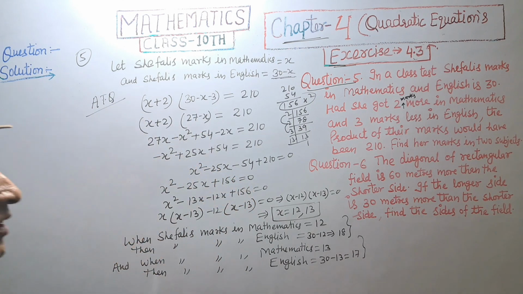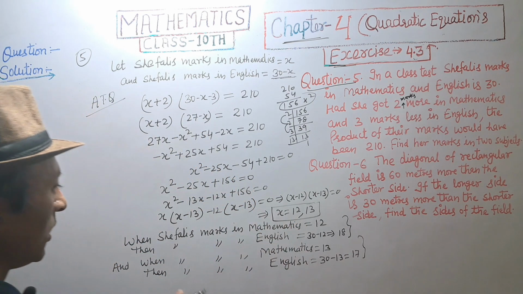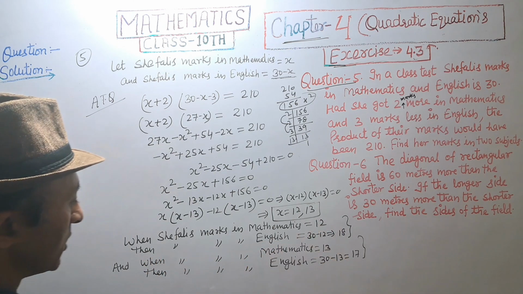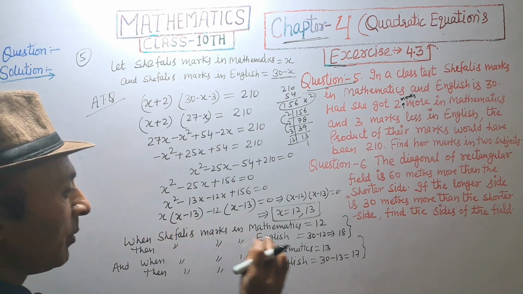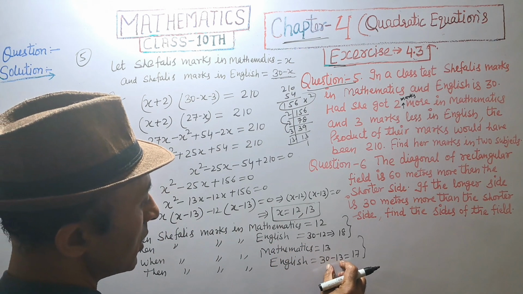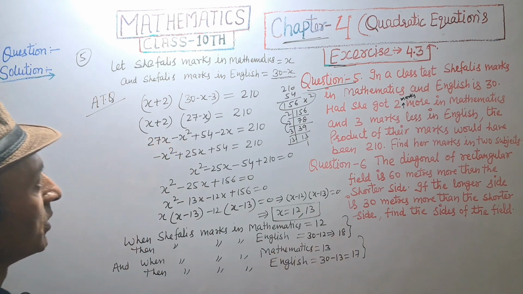When she get mathematics 12 marks, then she get in English 18 marks. And when she get mathematics 13 marks, then she get in English 17 marks. Answer.